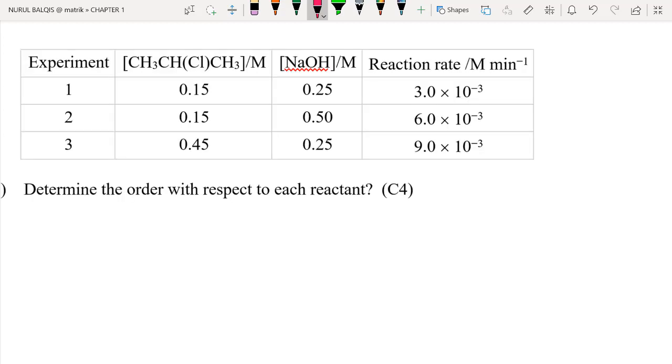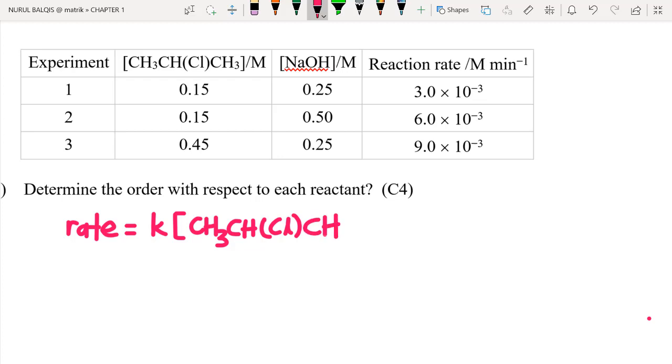So we need to write the rate law for this reaction, where rate is equal to the rate constant, times the concentration of CH3CH2Cl, the halogen compound here, raised to the power of, so we need to put an unknown here, let's say we put it as m.